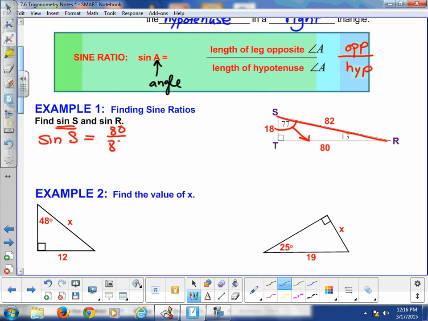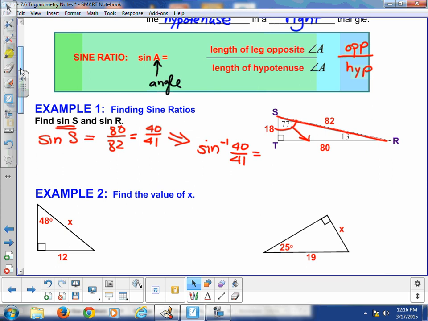And the hypotenuse is 82. And that reduces to 40 over 41. And I can use this ratio by putting in the inverse sine of 40 over 41. Watch. So very cool.